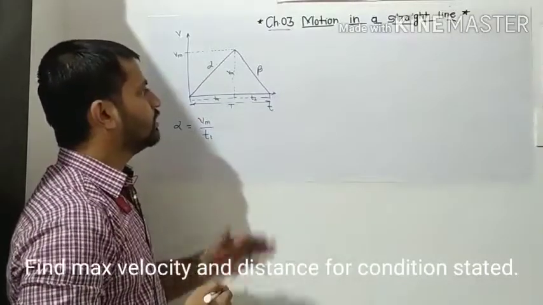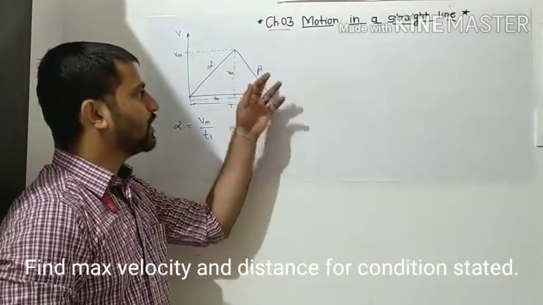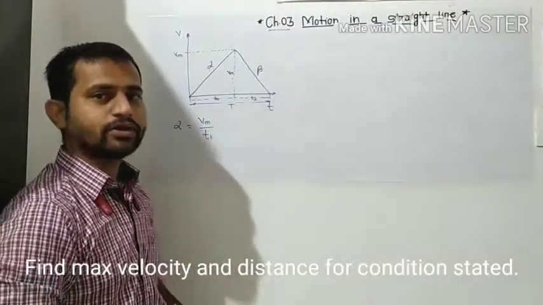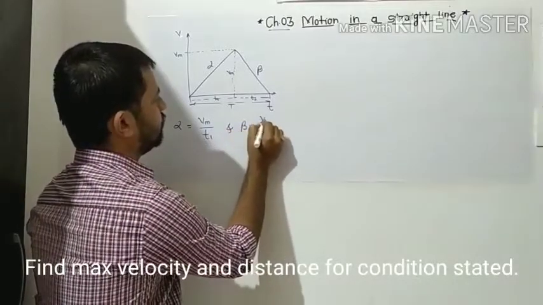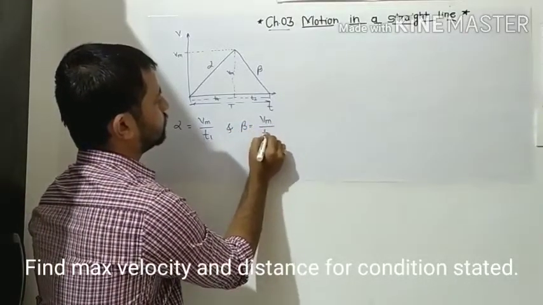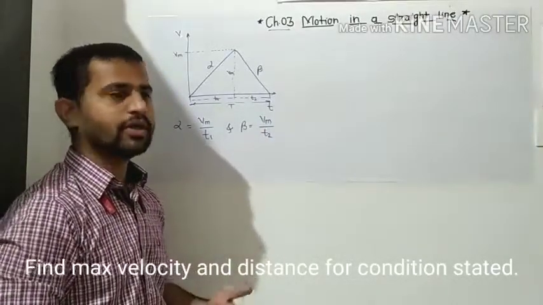For the second triangle, what is the retardation? For beta we can write perpendicular upon T2, so beta is equal to Vm upon T2.